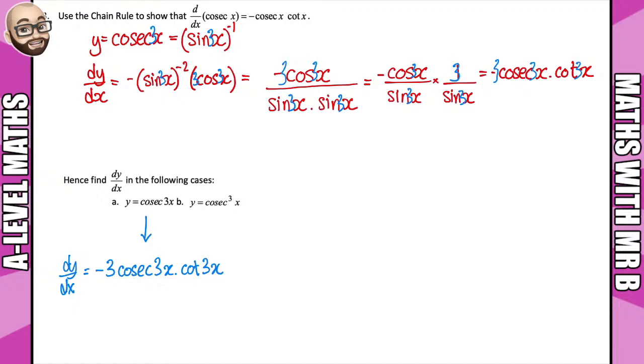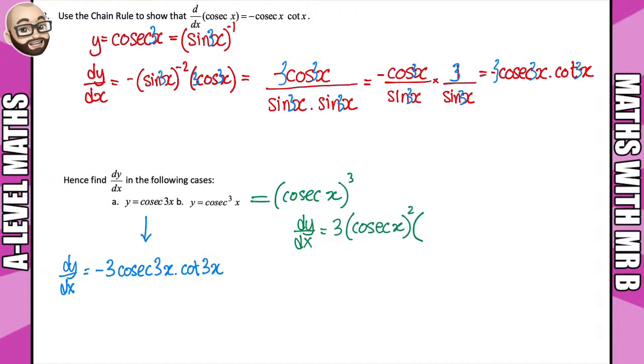For the next one it says what would happen if you differentiate. Let me write this as cosec of x cubed. Well, that means we're going to get 3 lots of cosec x squared. It's decreasing the power, bringing the whole power down, times this by the differential of the bracket.